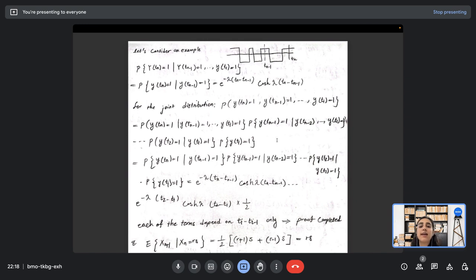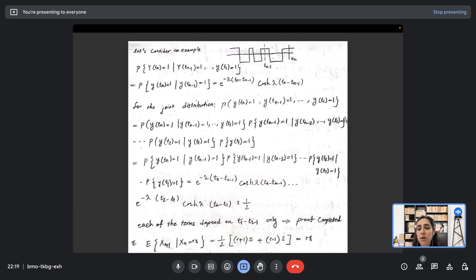As I said earlier, we can omit the previous states back to t1 and only keep the most recent previous state for each of these.